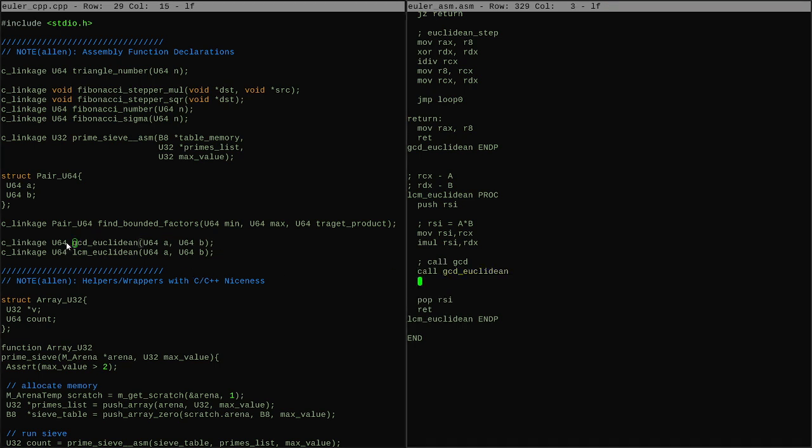Now RAX contains this. So what I want to do is make RCX equal the GCD.